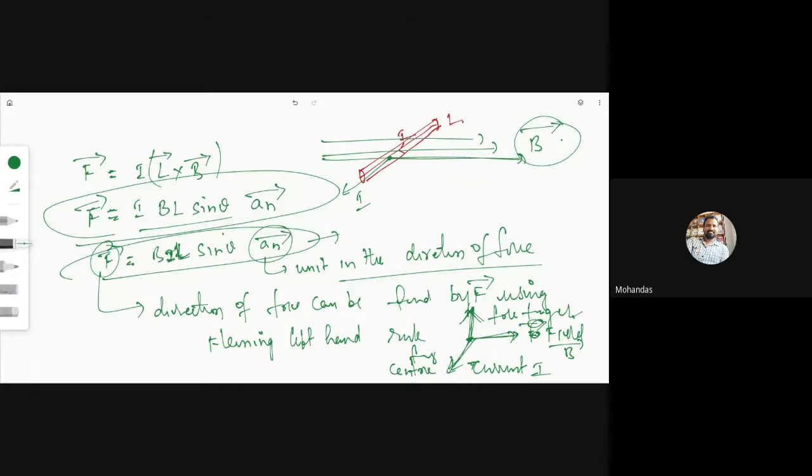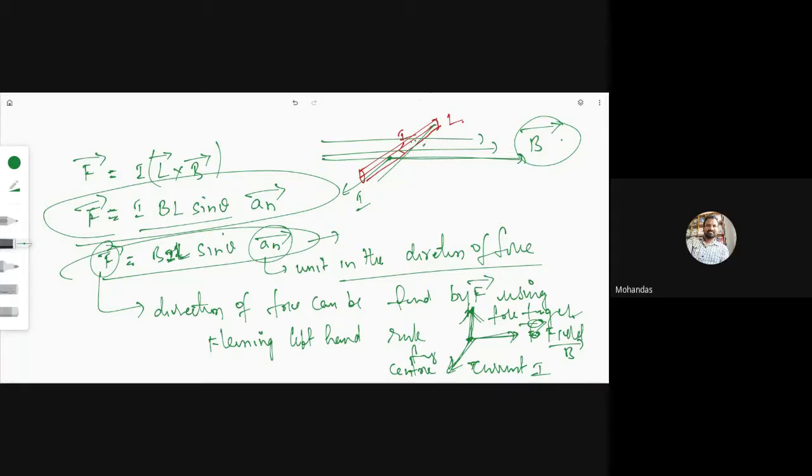Now if you apply the left hand rule for this conductor, can you tell me the direction of the force exerted on this conductor? Is it upward or downward? Upward. Very good.